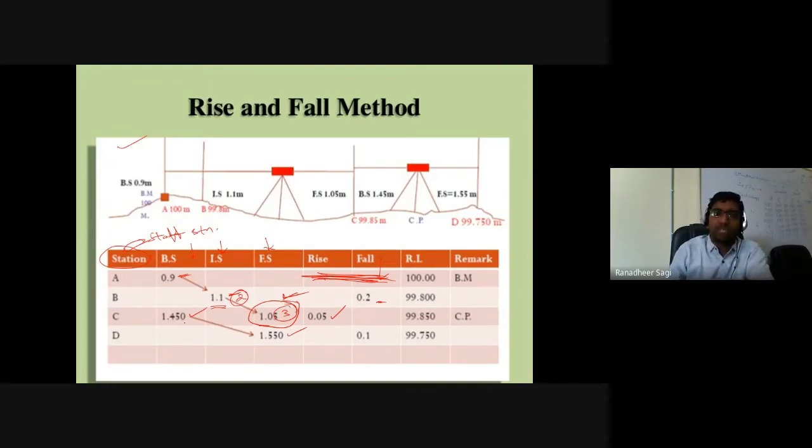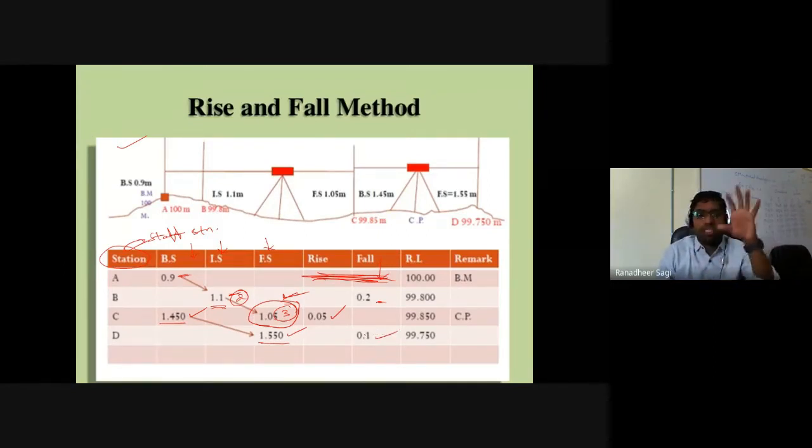With the next instrument station, the data we have is the backside at point C, which is 1.45 meters, minus the intermediate sight, which here we don't have any more, rather it is your foresight. That's the next staff reading. So 1.450 minus 1.550 is minus 0.1. Minus indicates it's a fall value, so it has to be written under your fall.